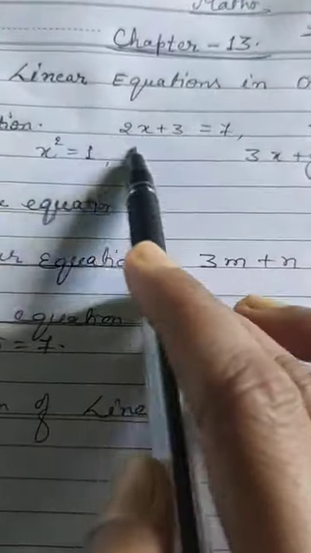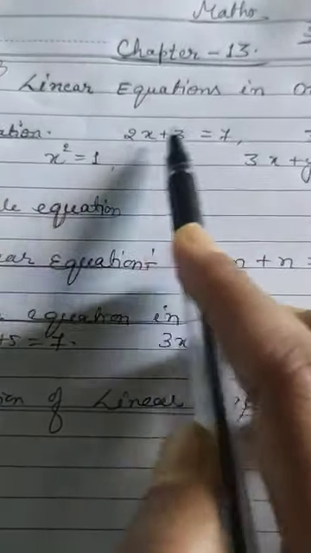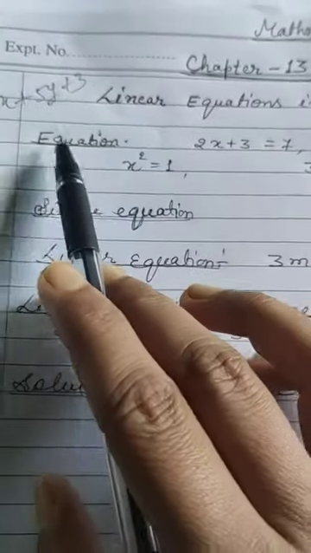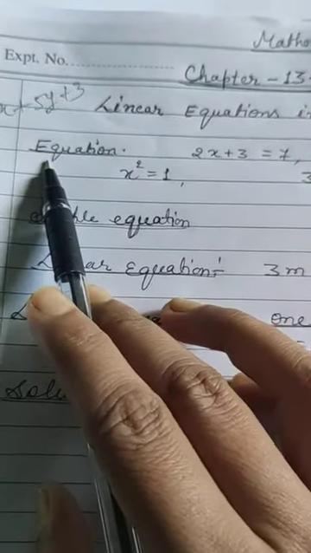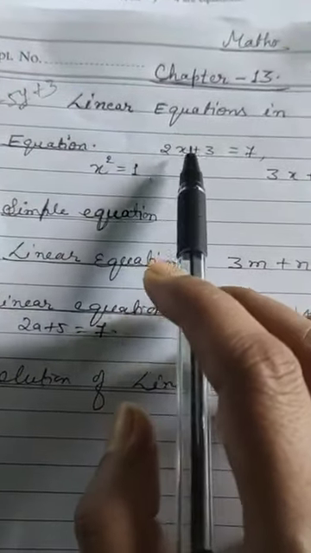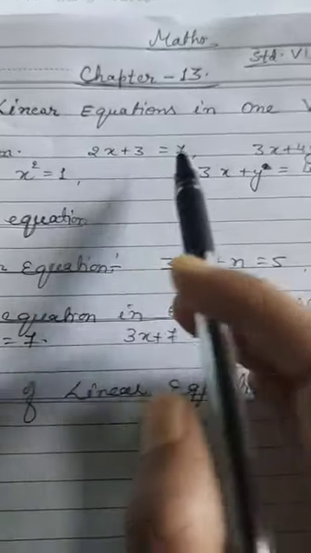So this is one expression, and you can say this is another expression. When both expressions are joined with an equality sign, then this is called an equation. That is why it is said that an equation is a mathematical statement which shows the equality of two expressions.